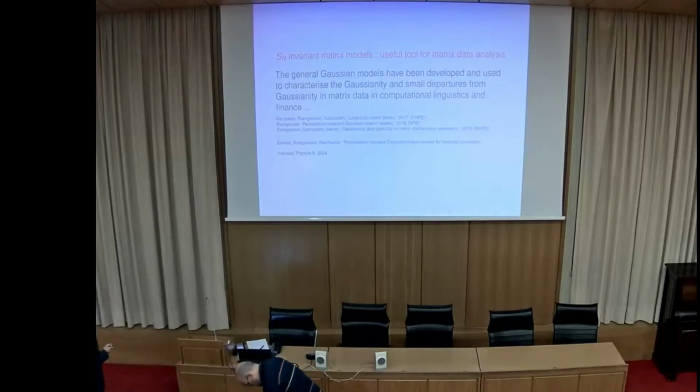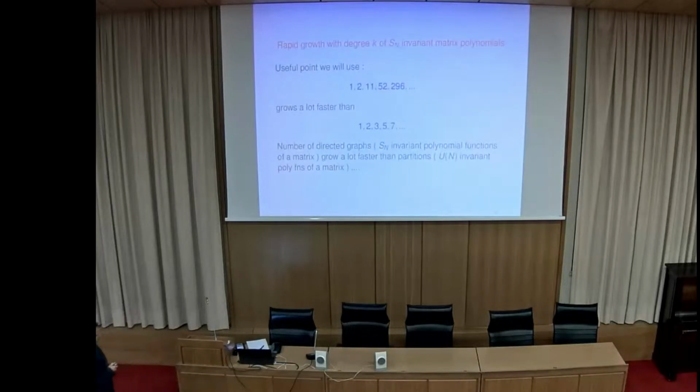These kinds of Gaussian models have been studied and applied to real-world data in a sequence of papers, and that brought us to permutation invariant models. Now, an important point here is that this counting, as I said, is of graphs, and it grows very rapidly: 2 at linear order, 11 at quadratic, 52, 961. It's growing faster than the counting of partitions.